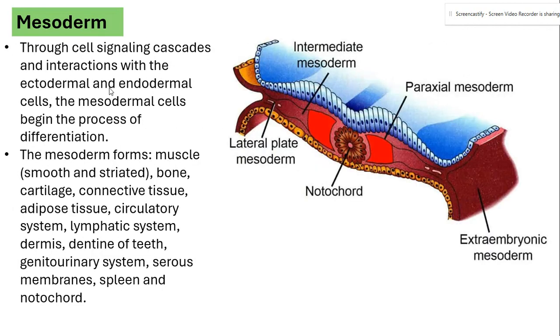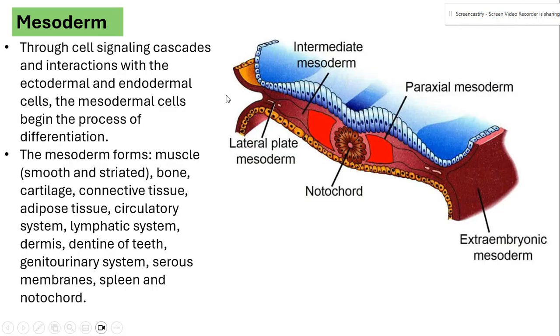Through cell signaling cascades and interaction with ectodermal and endodermal cells, the mesodermal cells begin the process of differentiation. The mesoderm forms smooth muscle, bone, cartilage connected to the lymphatic system, dentine of the teeth. Imagine not having dentine of the teeth. Circulatory system. Imagine not having a circulatory system. The genitourinary system, serous membrane, spleen, and notochord.